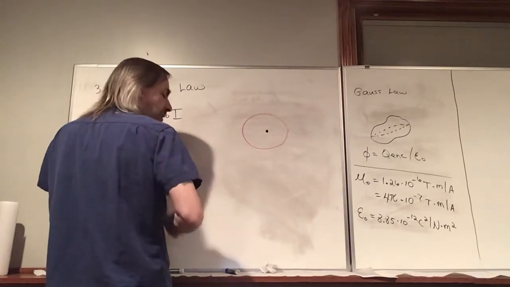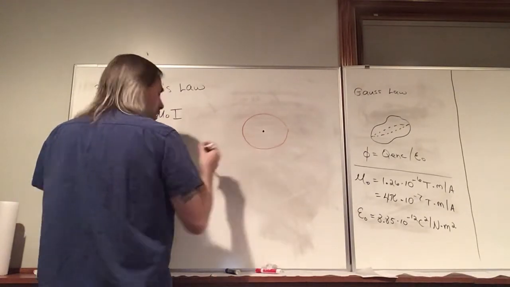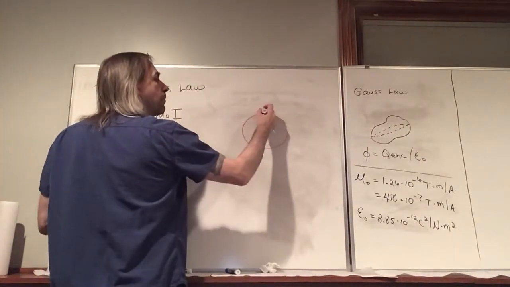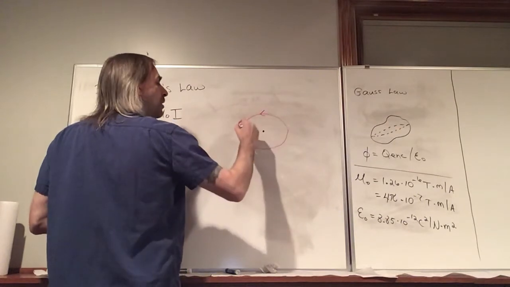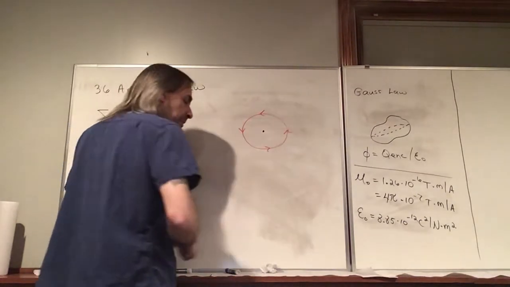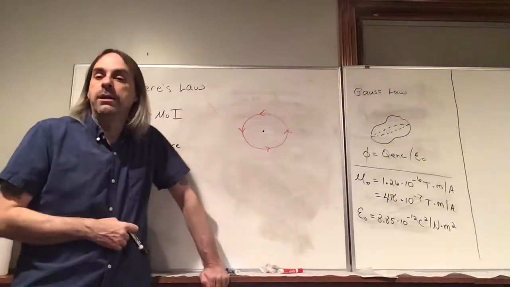If we have a long straight wire coming out of the board, it would form lines like this, and they have a direction as well, which is given, like everything relating to magnetism, by the right-hand rule.